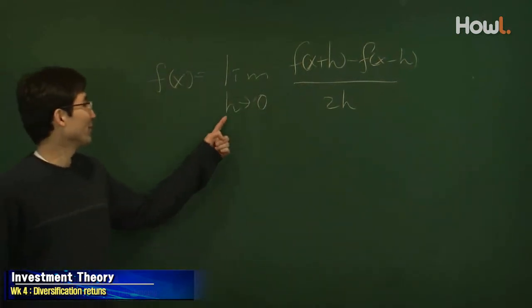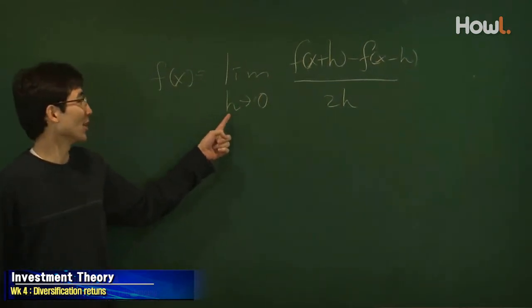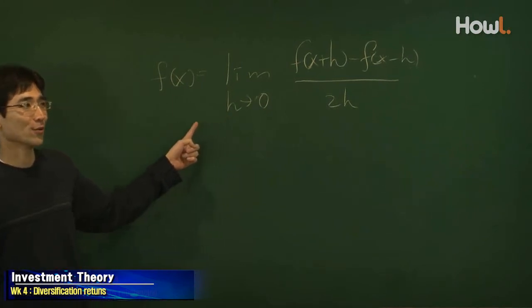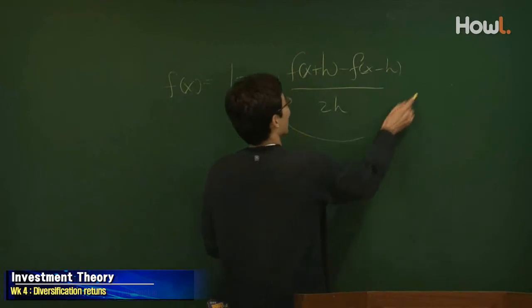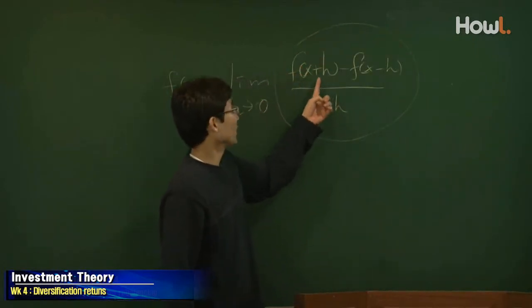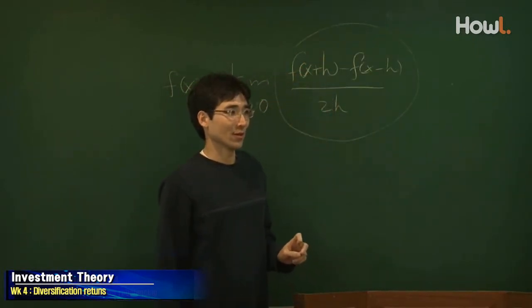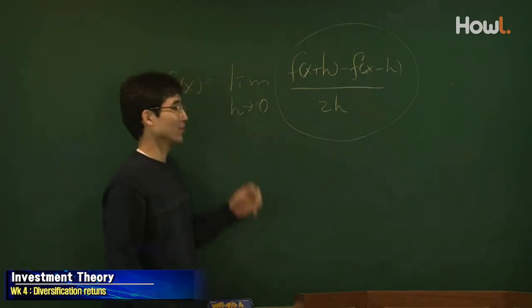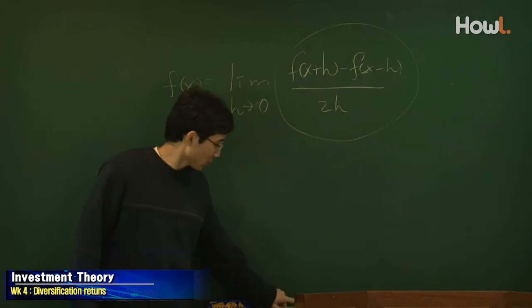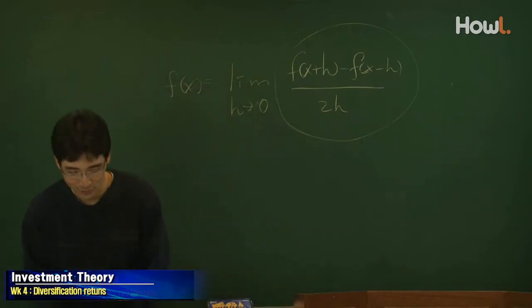So basically, the limit function is not available in R. So what you have to do is write a program that calculates this part, and if we make h smaller and smaller, then we can approximately get the derivative. So let me write a very small program about this.